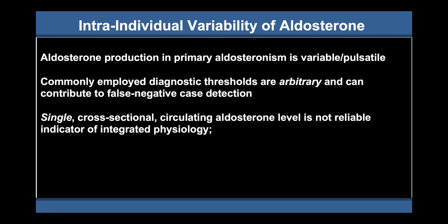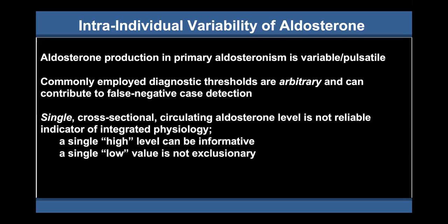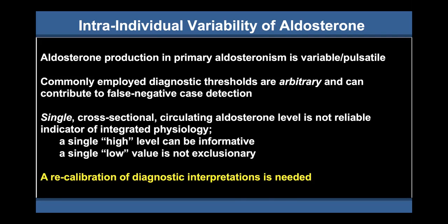A single cross-sectional circulating aldosterone level is not a reliable indicator of integrated physiology. It clearly doesn't tell you what's happening throughout the day. Now, a single high level might be informative, but a single low level may not exclude the possibility of the diagnosis. And what this means is we have to recalibrate the way we think about diagnostic thresholds, as dynamic guidelines rather than rigid barriers.